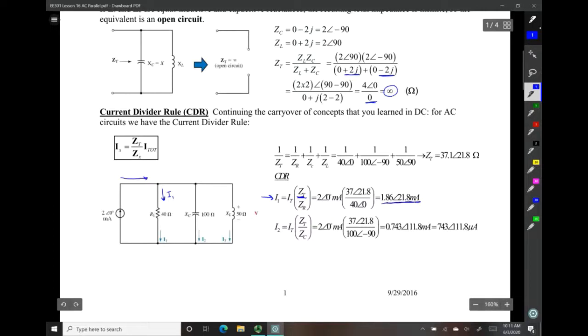We get this, again, phasor quantity for our current.